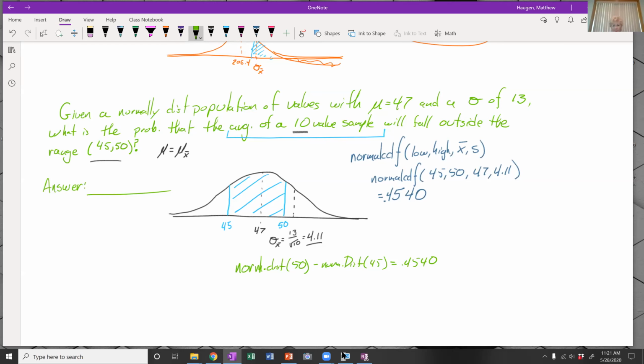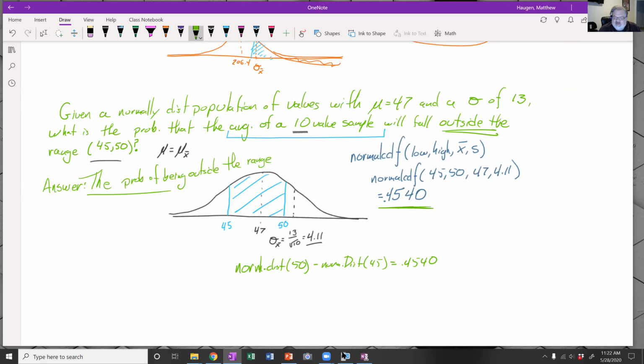Is it the opposite of that, because we want it outside that range? Yes, the probability of being outside the range.